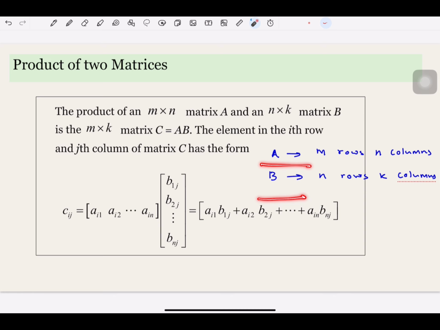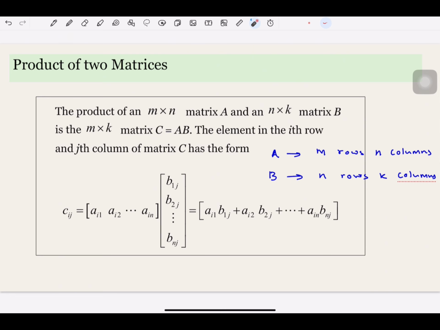The key point is that the number of columns in matrix A must match the number of rows in matrix B. This is what makes the multiplication possible. So remember, if you're asked to multiply two matrices, in order for the multiplication to work, matrix A must have the same number of columns as matrix B has rows.